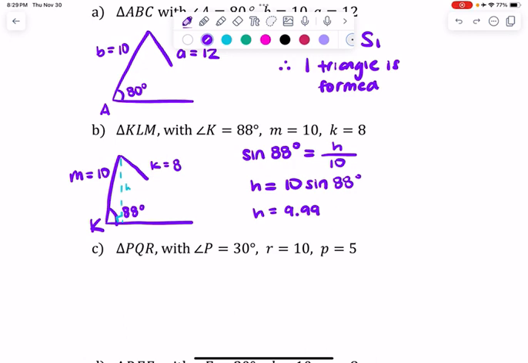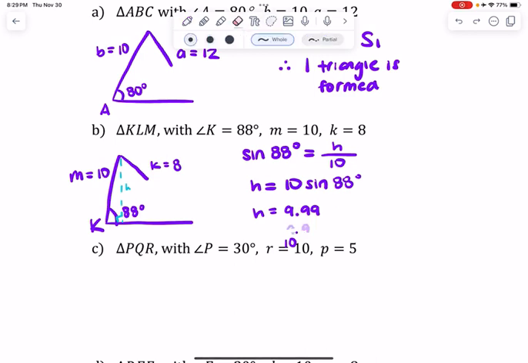So when I take a look at this height, I'm not super concerned about how many decimals you round to, because regardless of those decimals, I'm looking to see how that height compares to my side length 2. So if I rounded this to 9.9, or I rounded this to 10 here, I'm still comparing it with my side length 2, my K value, which is 8. And in all cases, no matter how I rounded it, 8 is less than h.